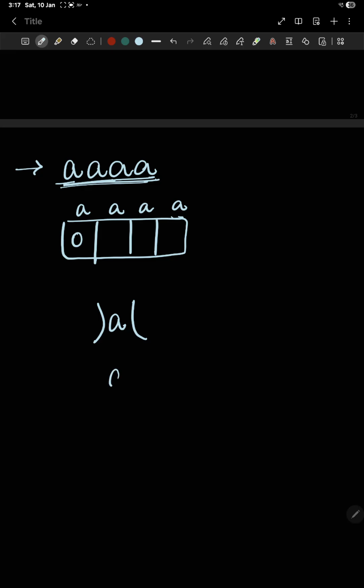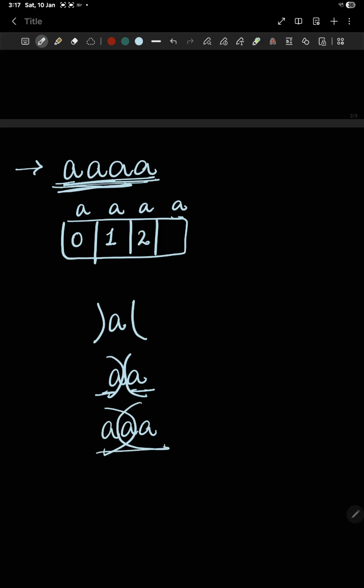The second is a, so 1. Then a a, till here we have come; what can we see? 2 can be formed on each side, so 2. Third, a a a, common groups of 3 can be made. So 3. So this is the LPS.